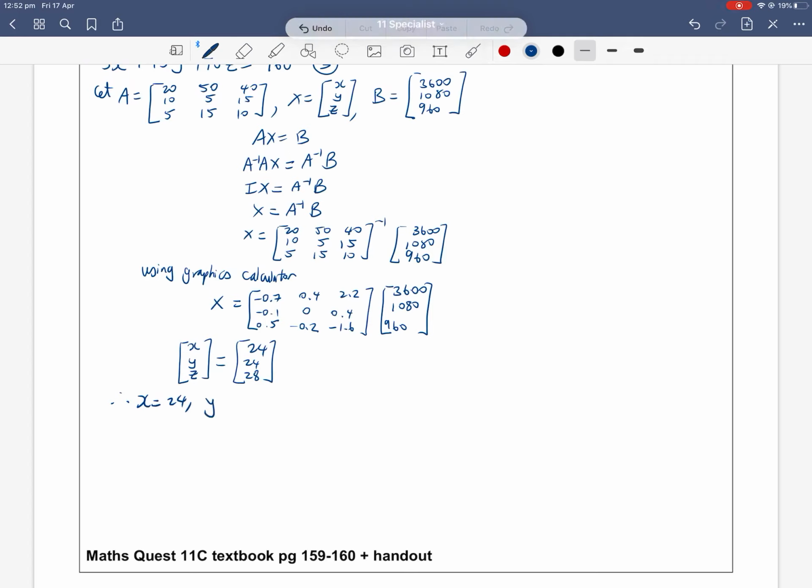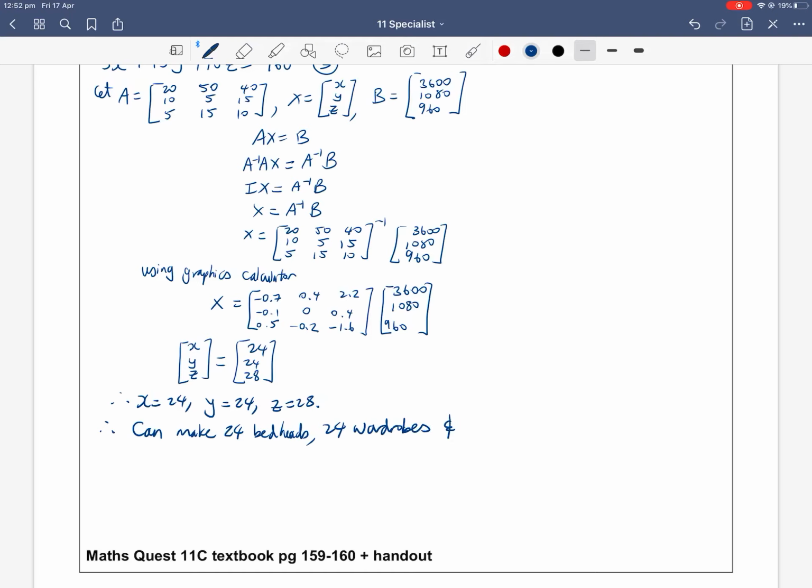So therefore x is 24, y is 24, and z is 28. So therefore we can make 24 bedheads, 24 wardrobes, and 28 dressing tables.